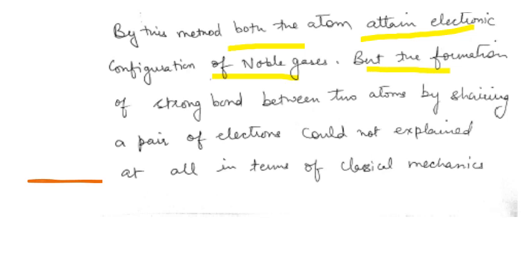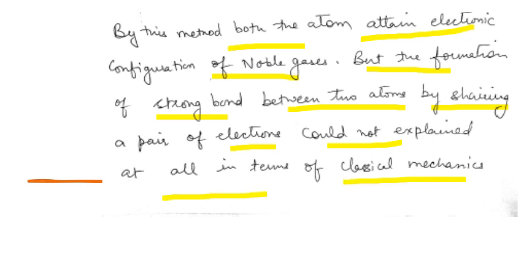But the formation of a strong bond between two atoms by sharing of electrons could not be explained at all in terms of all the classical mechanics we have studied before in atomic structure.